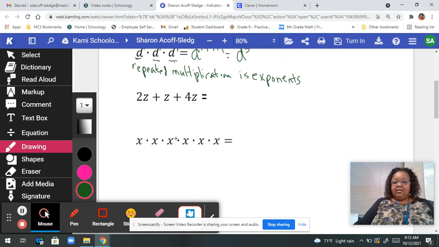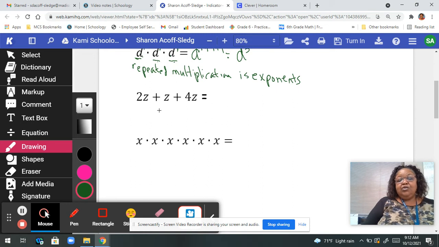Now we have another one that's repeated addition. And I included this one so that you can remember that 1 in front of your z. If you don't, you're going to get an answer of 6z, which is wrong. This is 2z plus 1z plus 4z. So we add the coefficients.